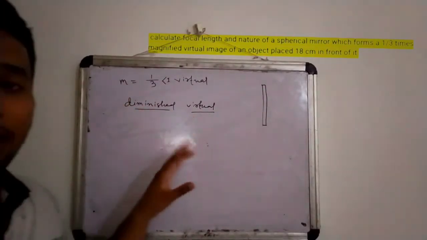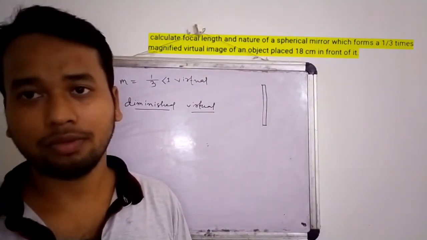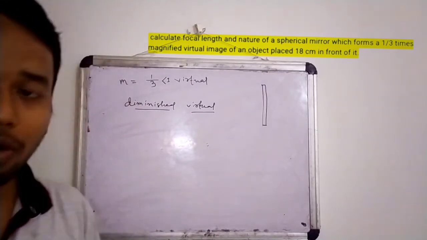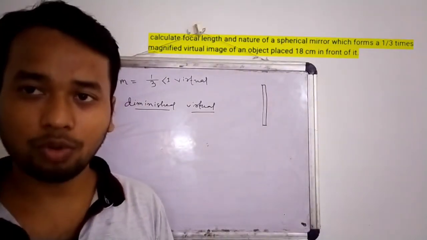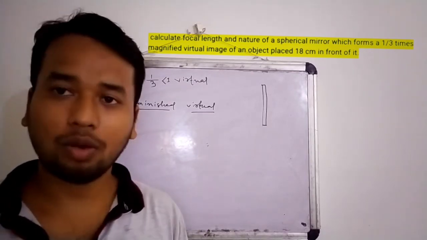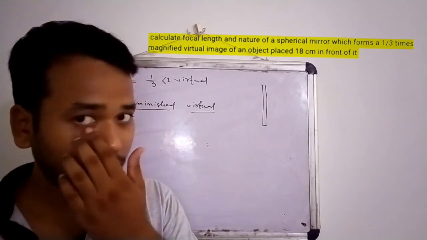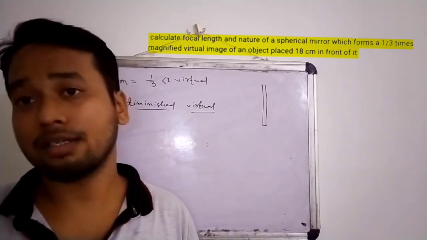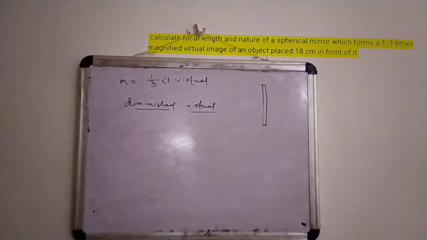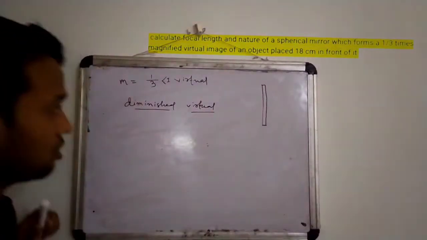This kind of image is only possible in a convex mirror. Only a convex mirror can produce a virtual and diminished image. A concave mirror can also produce a virtual image, but in that case the virtual image is enlarged. So this mirror will be our convex mirror.